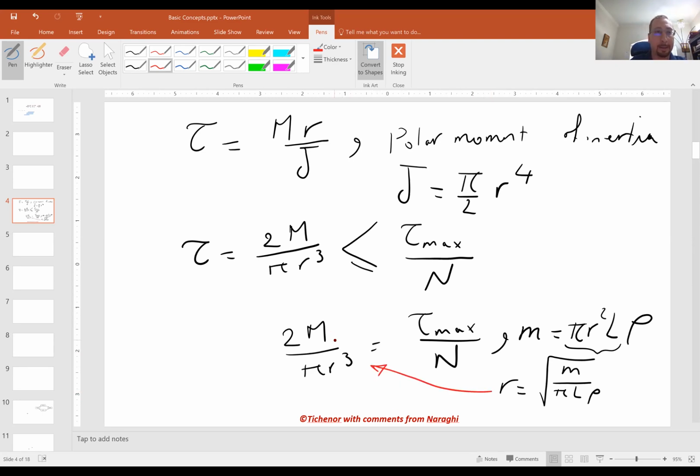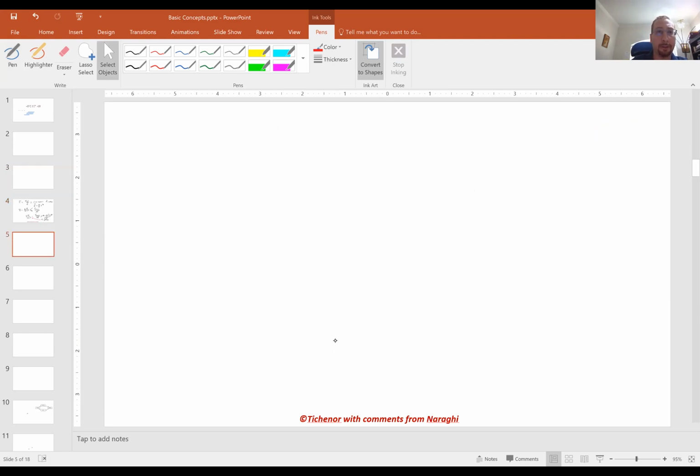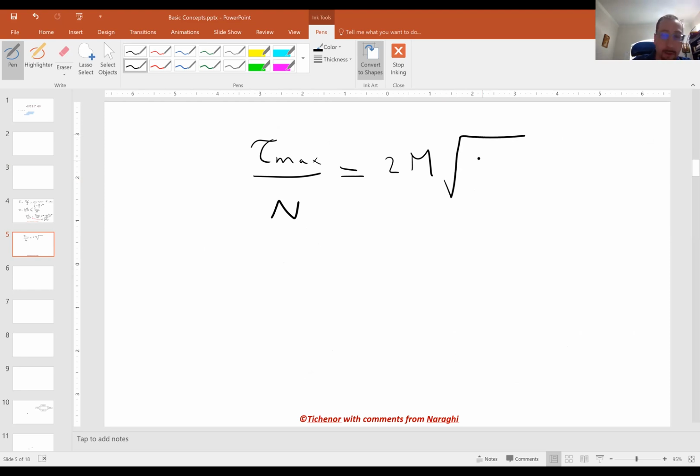If I do that, what I get is tau max divided by n is equal to 2m times square root of pi L to the power of 3 rho to the power of 3 divided by m to the power of 3.